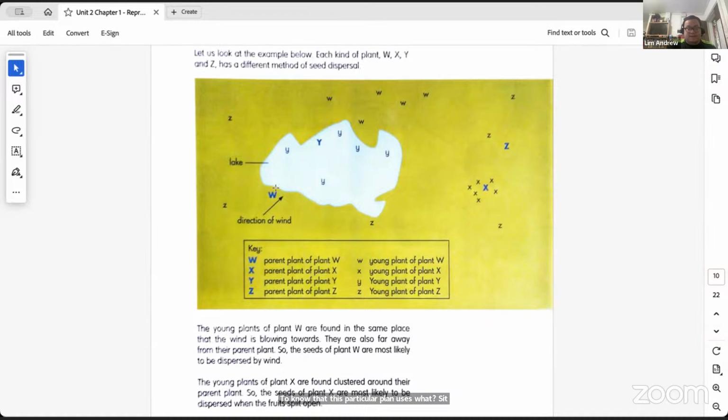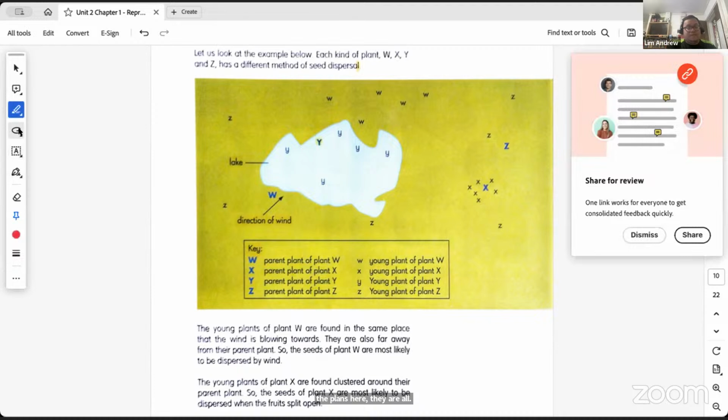W is here. The wind blows from here to this side. The young plants of plant W are found in the same direction that the wind is blowing. So the wind blows from this direction all the way to here, and you can see that all the plants are scattered here.